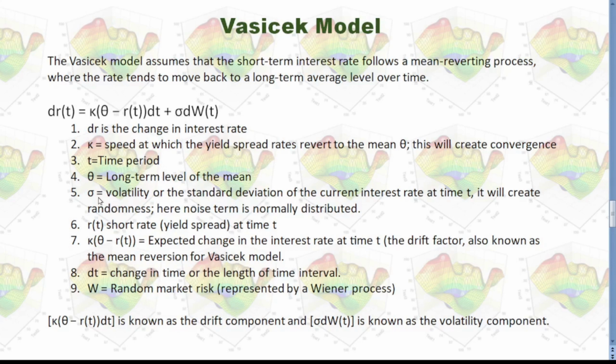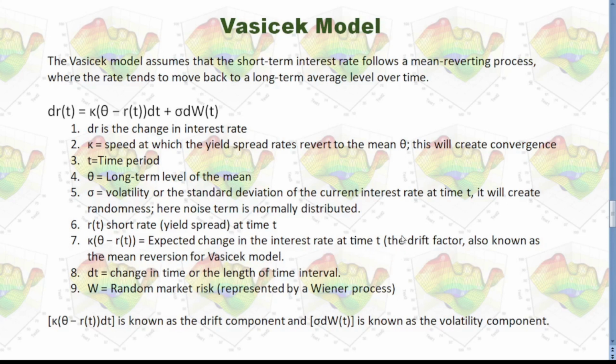And sigma is the volatility, the standard deviation of the current interest rate at time t. It will create randomness. Here, the noise term is normally distributed. And r_t is the short rate at time t. This item, kappa times theta minus r_t, is the expected change in the interest rate at time t.